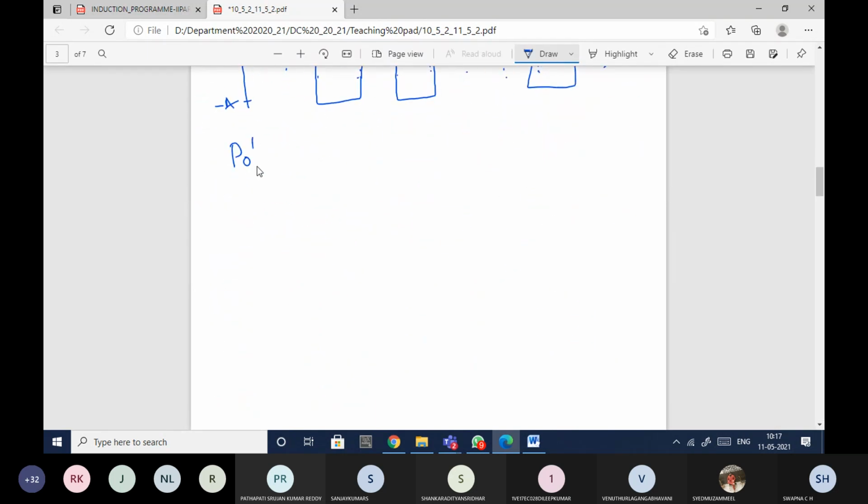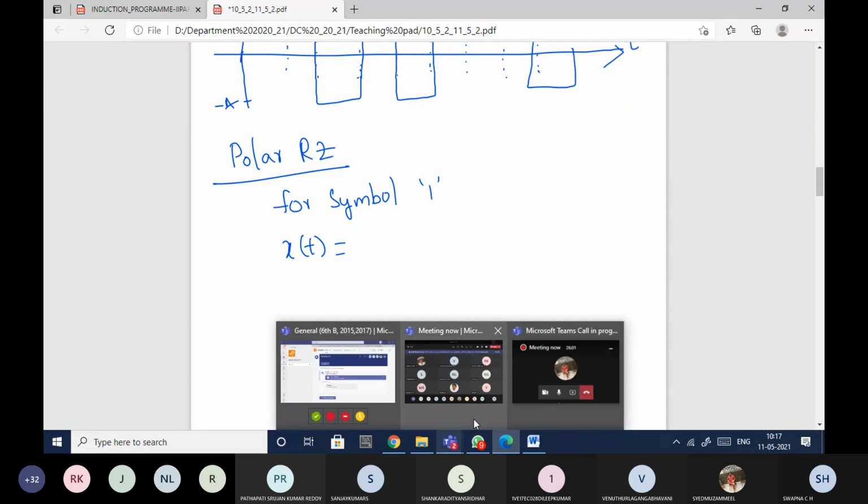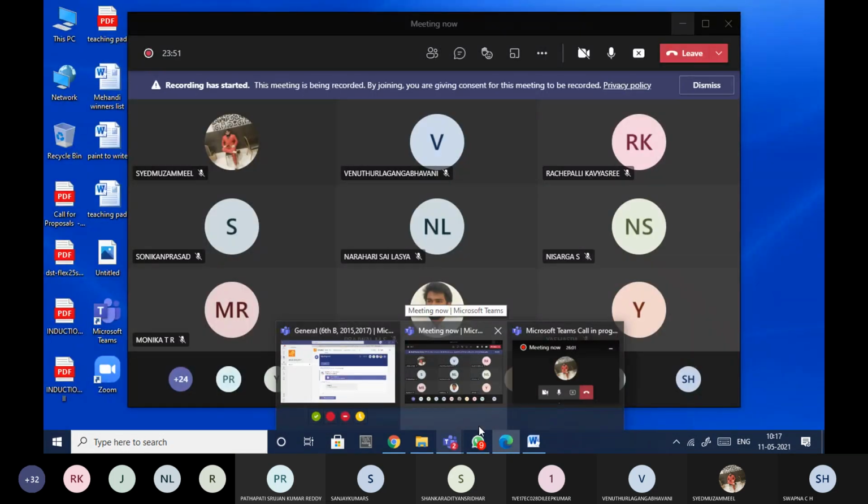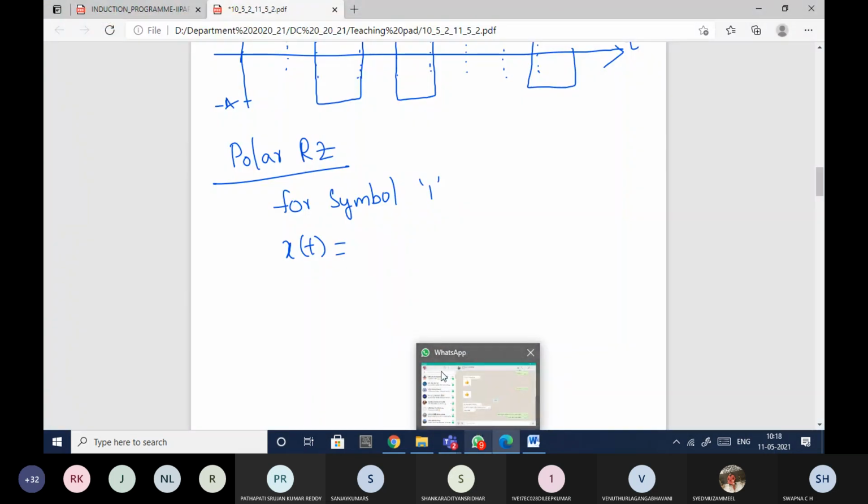Polar RZ. Can anybody tell me how this will be? RZ means return to 0. Can anybody tell me how it will be for symbol 1? Try, ma'am. Even if you're saying wrong, nothing is going to happen. I'm not going to punish you or do something to you. If you know, you can just tell me.